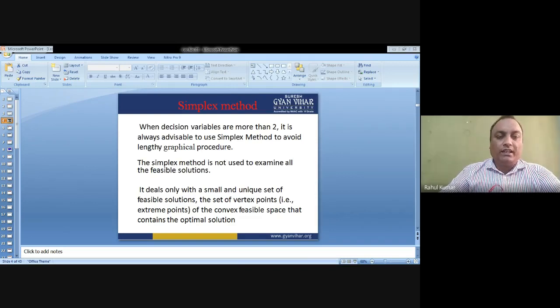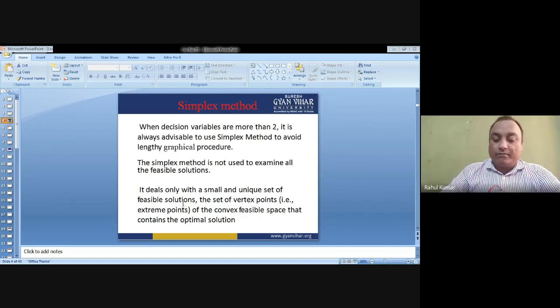There exists a huge number, 15C10 equal to 3003, of basic feasible solutions. In such cases, inspecting all solutions one by one is not practically feasible. However, this can be overcome by the simplex method.